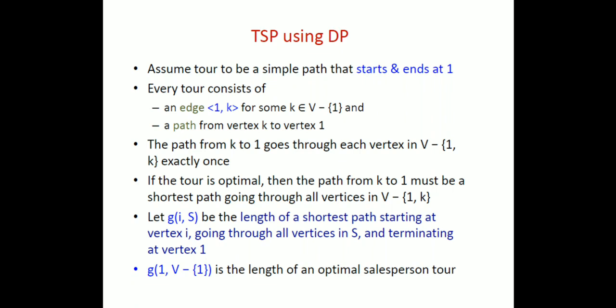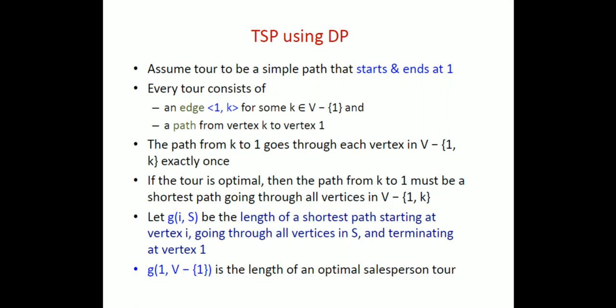And we assume that the vertex set V has n vertices in it such that n is greater than 1. Every tour consists of an edge 1k for some k that belongs to V excluding vertex 1, that is the source vertex.